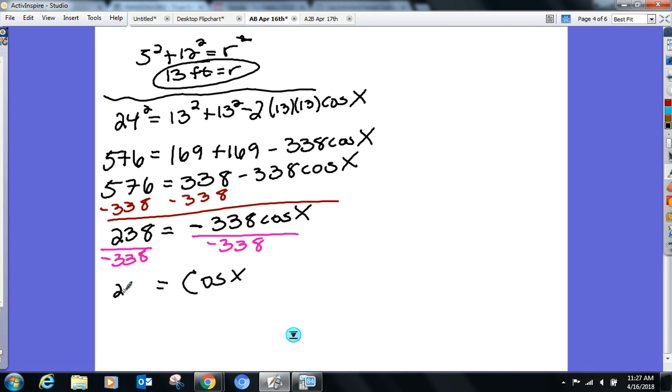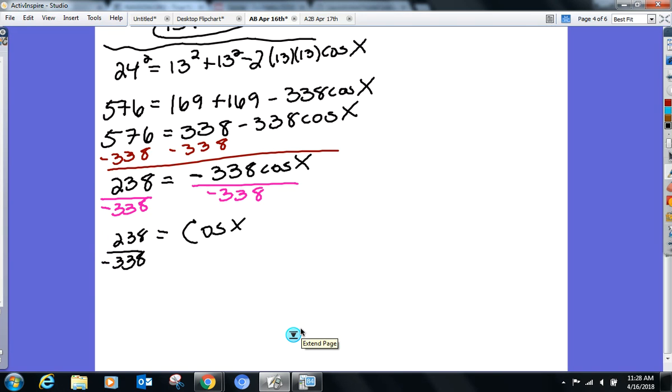I'm just going to leave it as 238 over negative 338, whatever that decimal or reduced fraction is. What's that last step to find the angle? Inverse cosine. Yep, inverse cosine of 238 over negative 338.